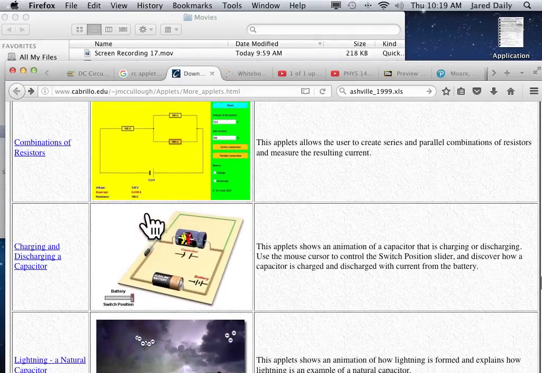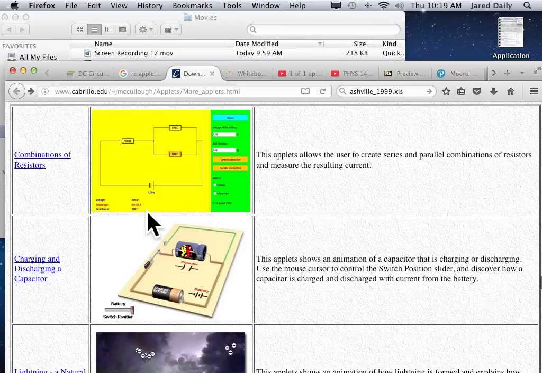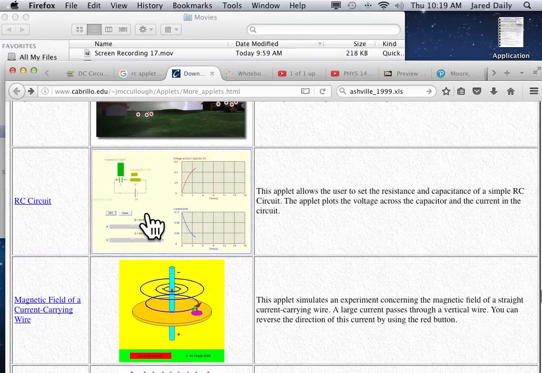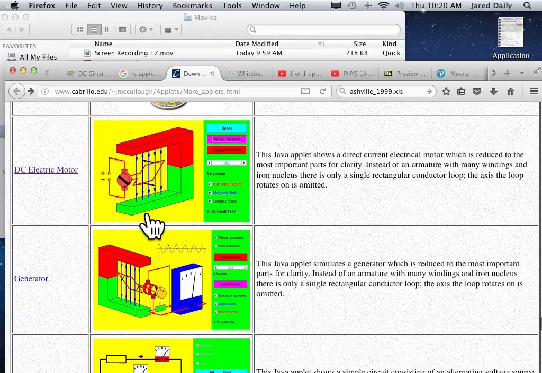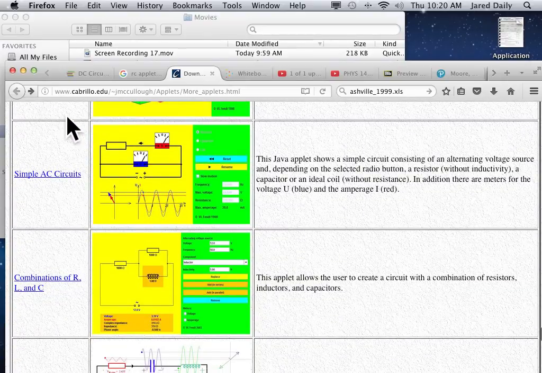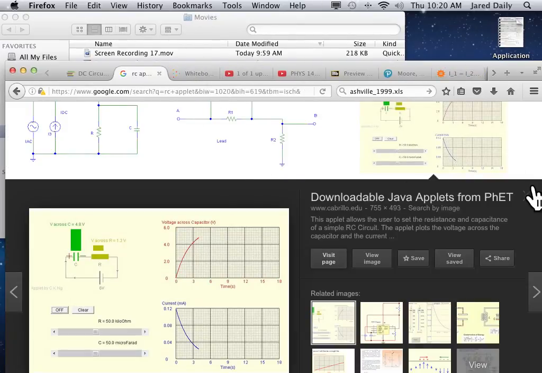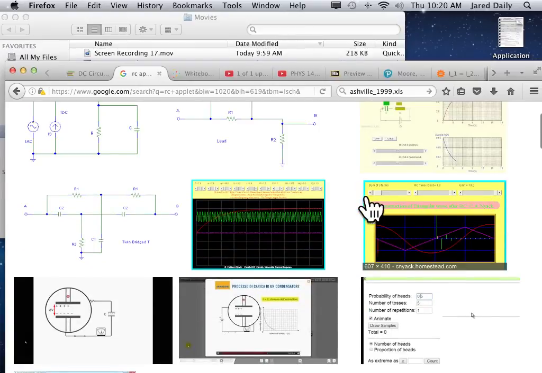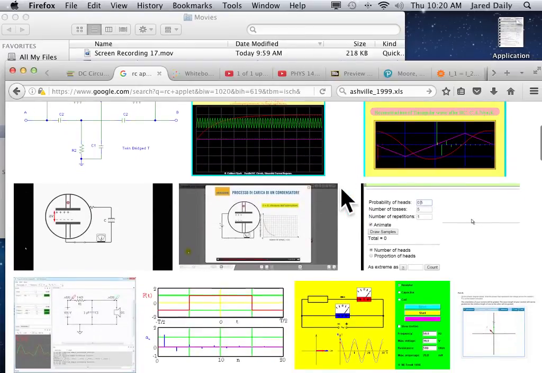That doesn't work. Okay, let's try again. We need to find a demonstration of how this works because it's much easier to see this in demonstration.